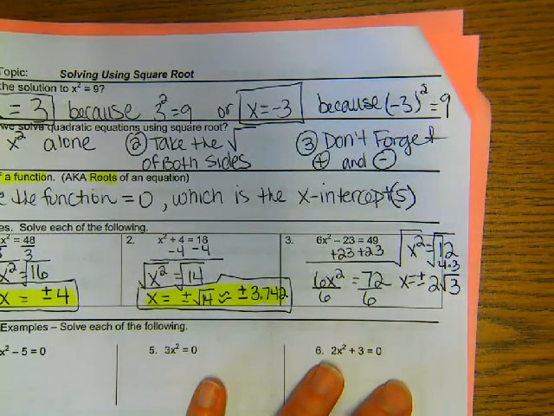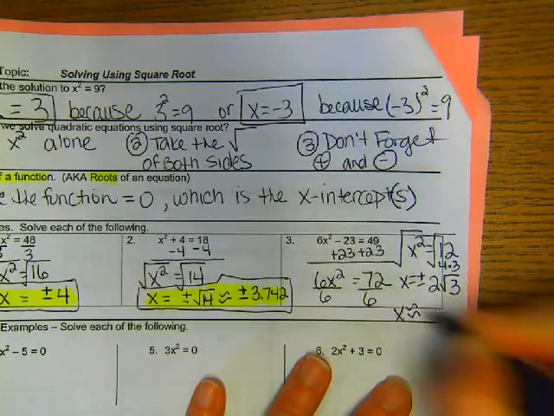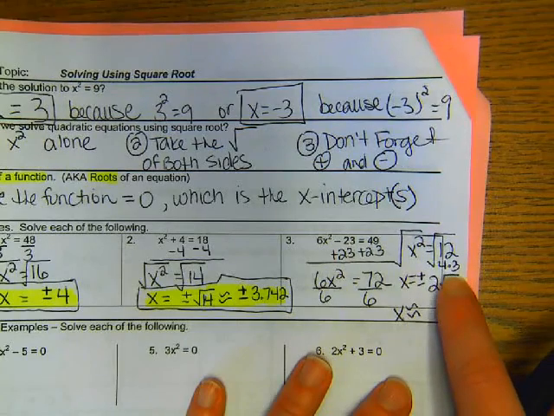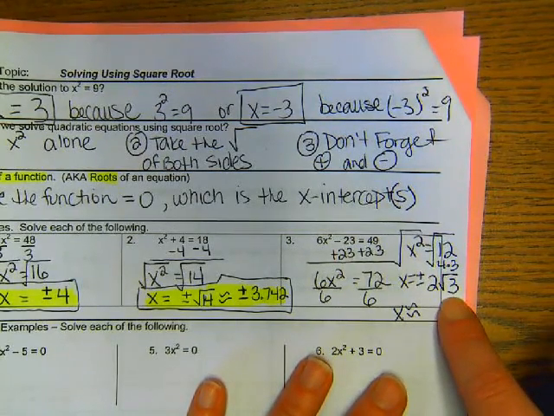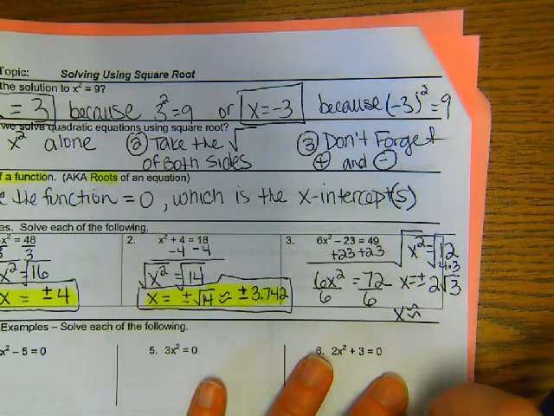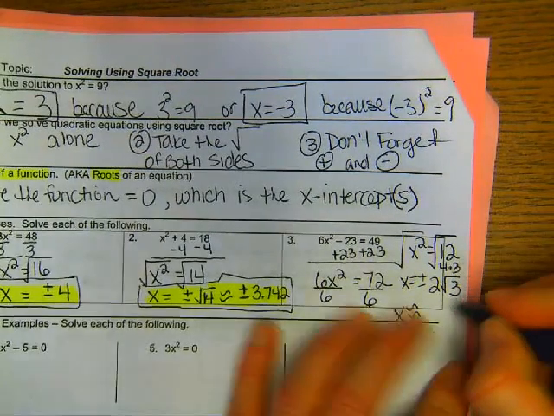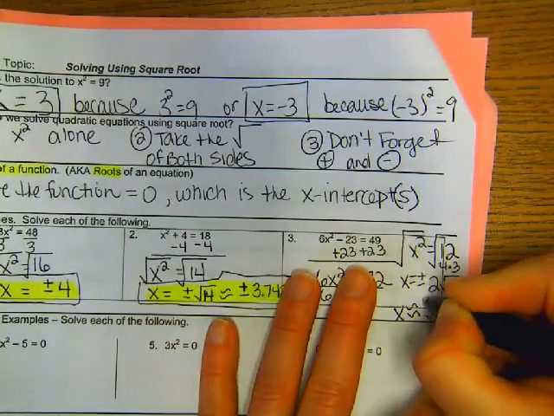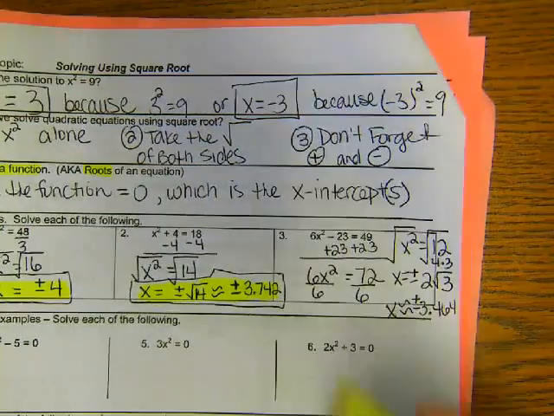Let's approximate that. x is about, now you can in your calculator type in 2 times the square root of 3 or the square root of 12. They're the same thing, just this is more simplified. What do we get? What is it? 3.464. And make sure we put that plus or minus in front there.